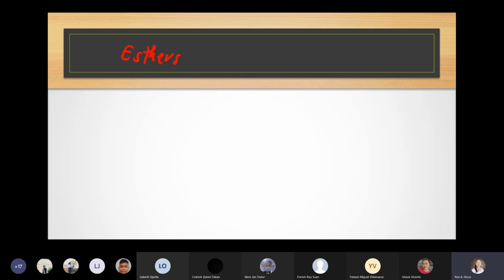The general formula for ester is here. Your R, C carboxyl group, or carboxylic group, then your carboxylic group is bonded with R, or the alkyl group.